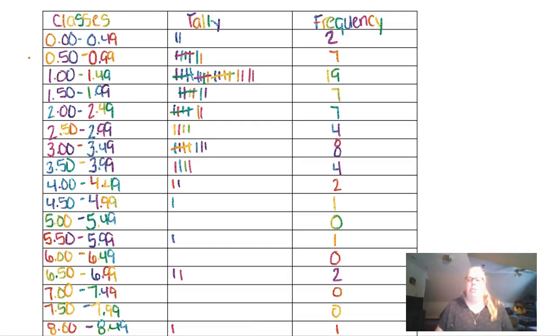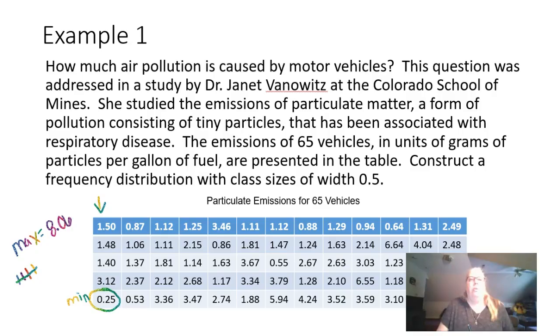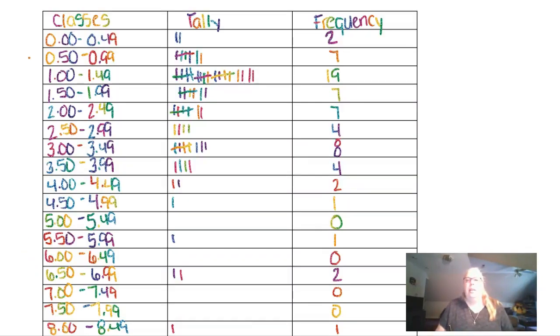One thing we want to be sure to do once we have the frequency distribution done is go back and add this. We want to get a total of all these items in the frequency column and make sure that it is equal to our original number of data points, which was 65. I did check this in the calculator, and this column actually does equal 65. So let's put a note on here.